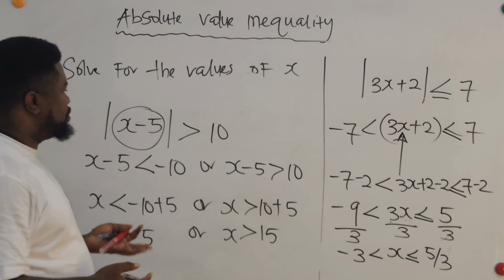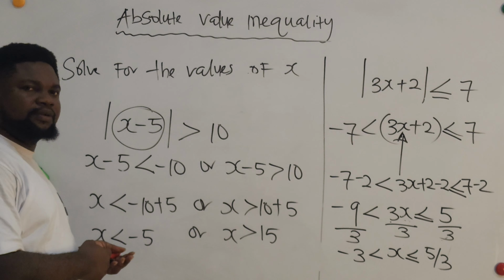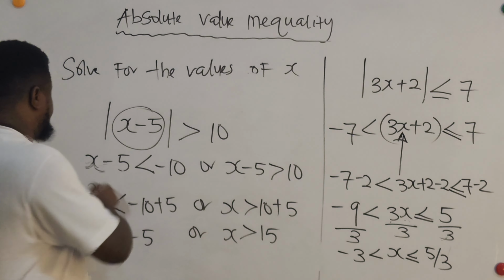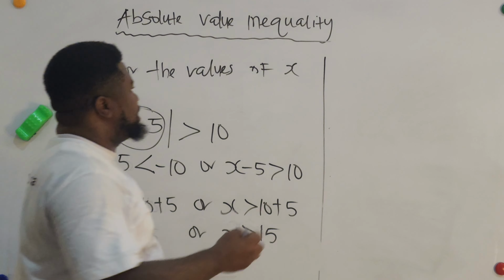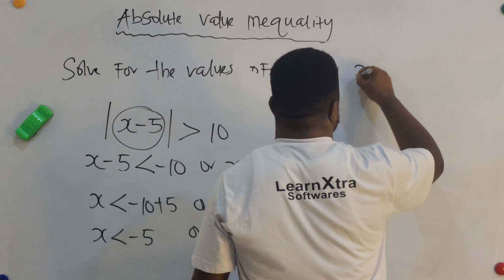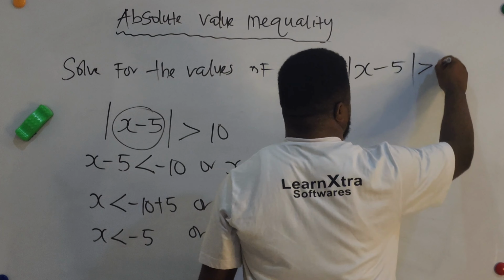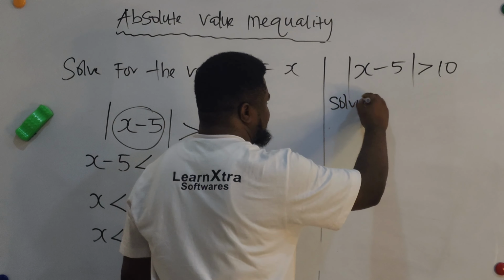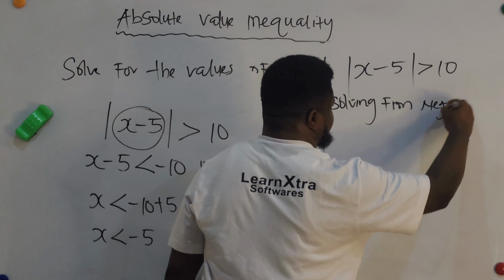Also, you can solve from the negation. Let me show you how that one works. If I give you, okay, this one may be confusing for you. You can solve from negation.